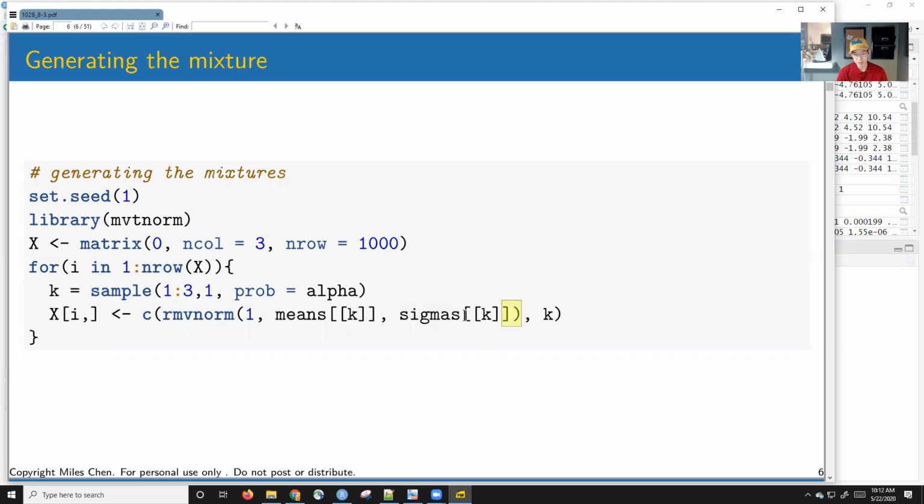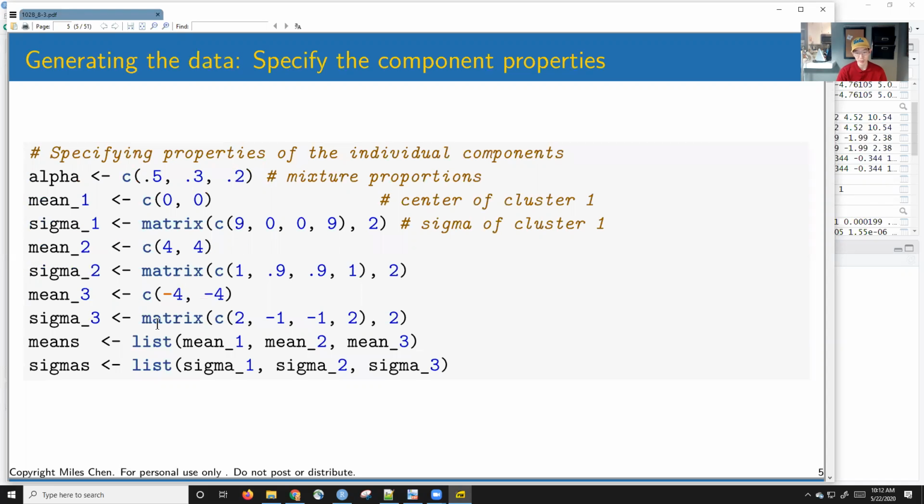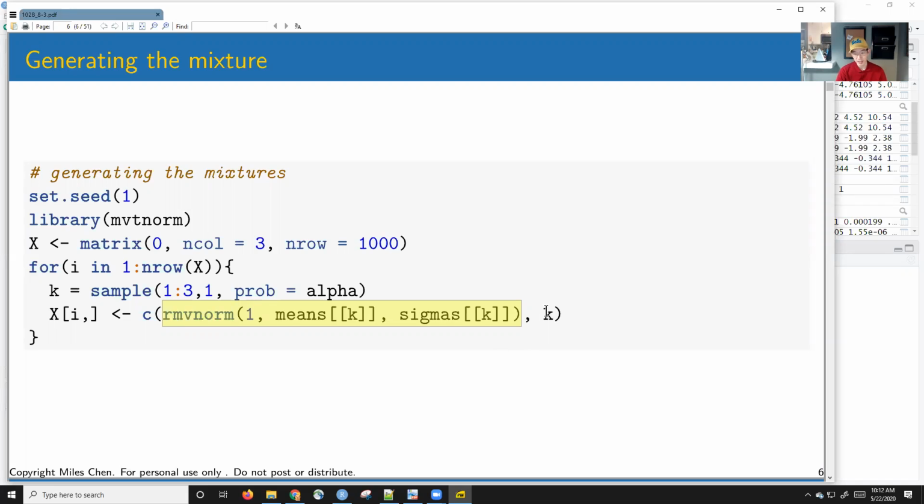So this part is going to generate our length 2 vector representing a point from the multivariate normal, and then it will also store in that row which component it came from. So we will know which component it came from.